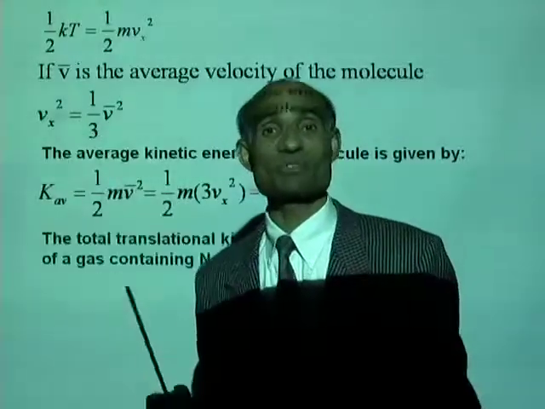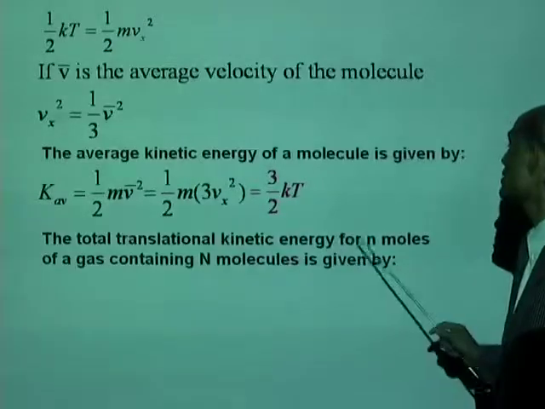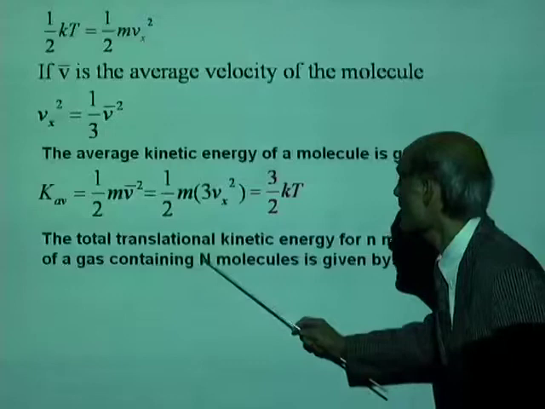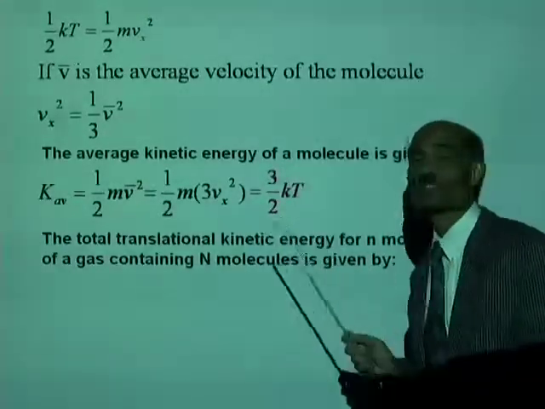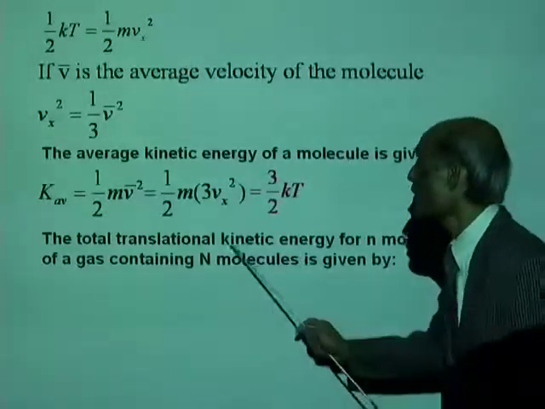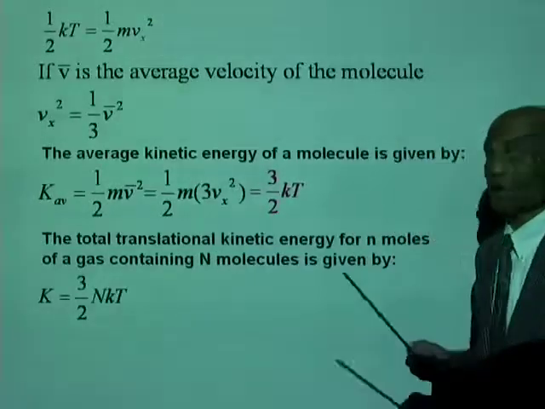The total translational kinetic energy of n moles of a gas containing N molecules. This is the total translational kinetic energy of 1 molecule. So what is the total kinetic energy of N molecules?